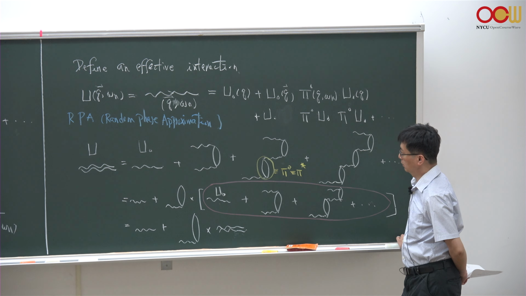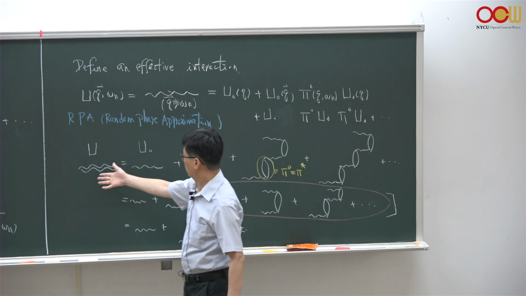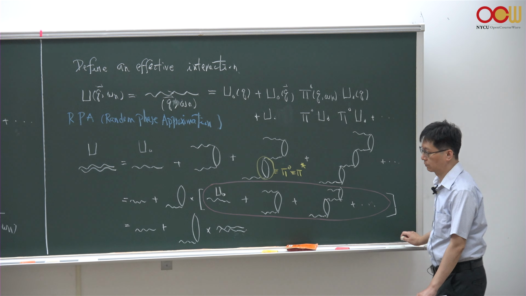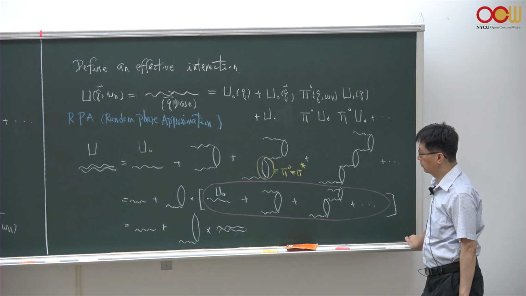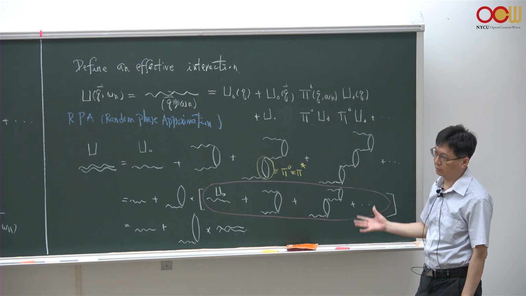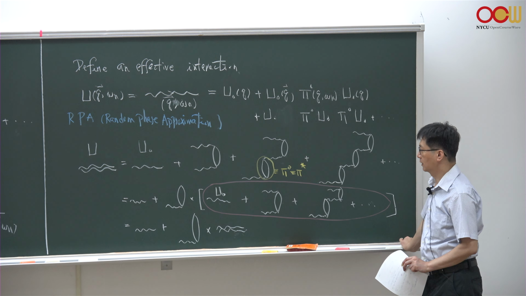And when you sum over all the ring diagrams, you could actually call this the fully dressed renormalized Coulomb term. Of course, this is not the full diagram. You can imagine you could have all different types of diagrams other than the ring diagram. So some more complicated diagrams, okay, which we neglected here.